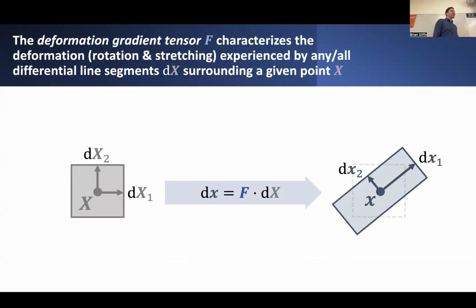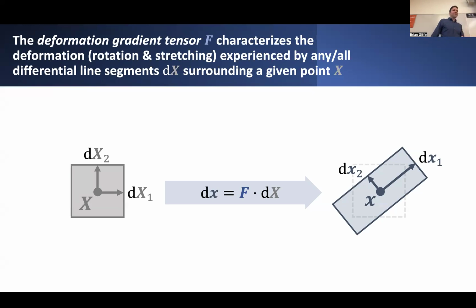But I want to now come back to the subject of the deformation gradient. Again, as I briefly mentioned before, the deformation gradient provides us some way of mapping individual line segments, usually represented as vectors, into corresponding deformed line segments, also represented as vectors.